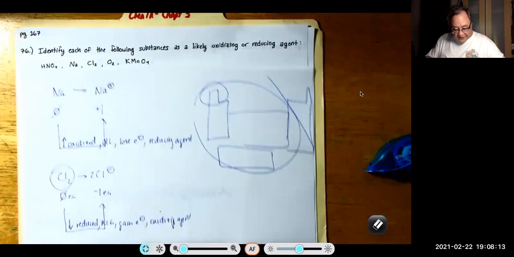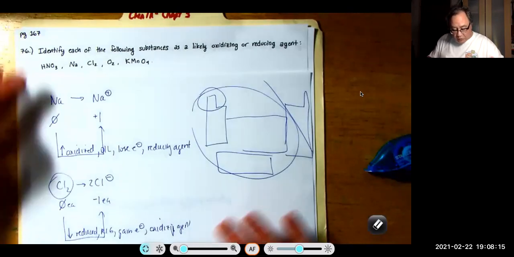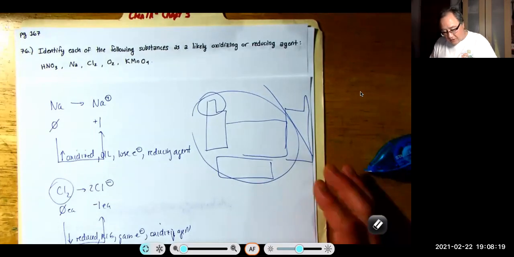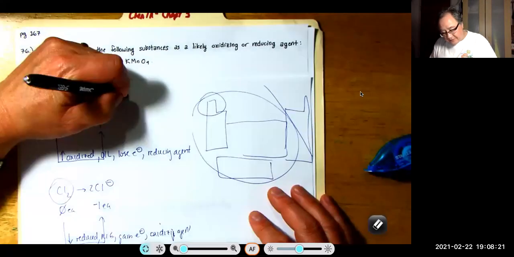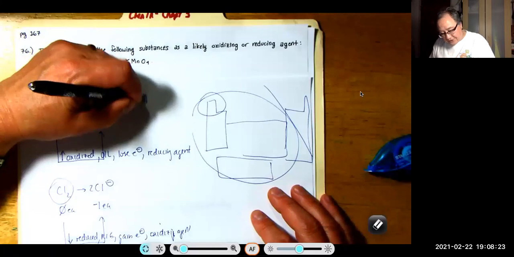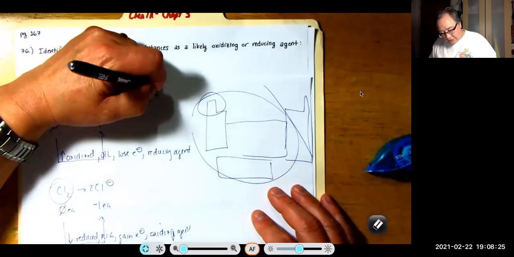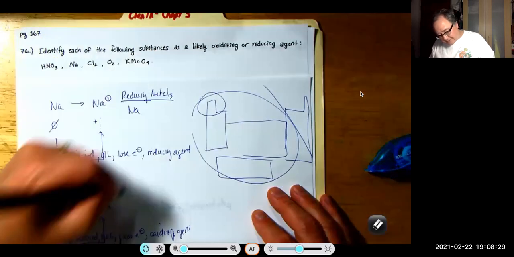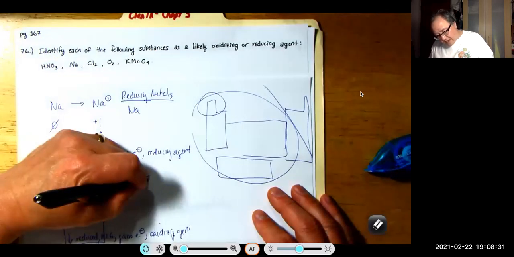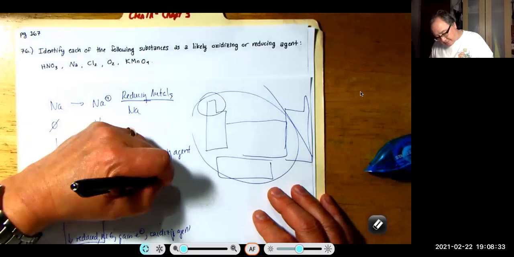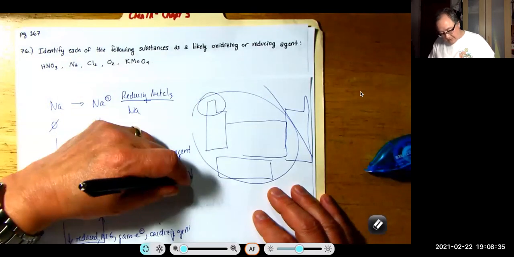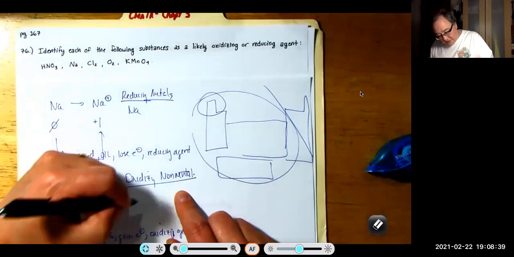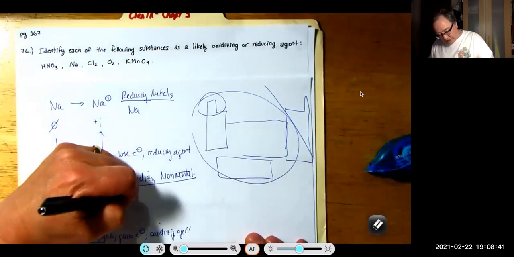So if we look at this list here, which ones are reducing agents and which ones are oxidizing agents? Well, for reducing, we have metals. So it's going to be sodium. For oxidizing, we have nonmetals. So that's going to be chlorine and oxygen.